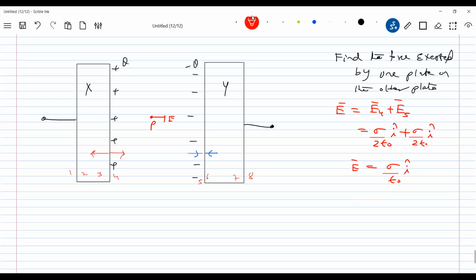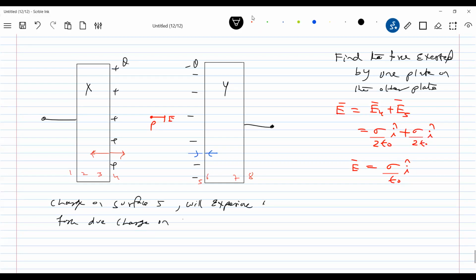So shall I say that the charge present on surface phi will experience force due to the charge on surface 4. So what is the field produced by surface 4?